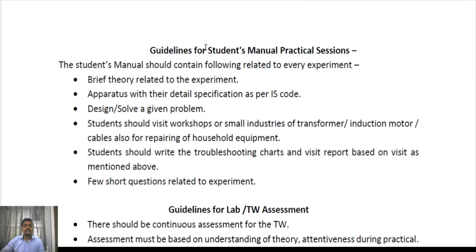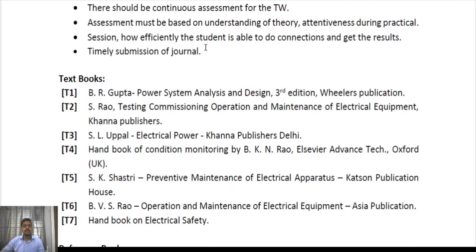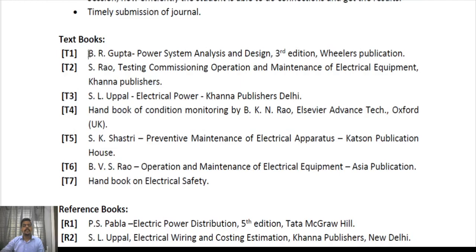So these are the guidelines and the textbooks we have to refer. B.R. Gupta, Power System Analysis and Design, 3rd edition. We are following S. Rao, Testing, Commissioning, Operation and Maintenance of Electrical Equipment. S. L. Uppal, Electrical Power, by Khanna Publishers.